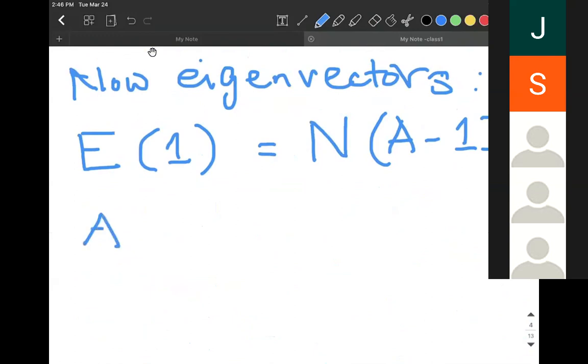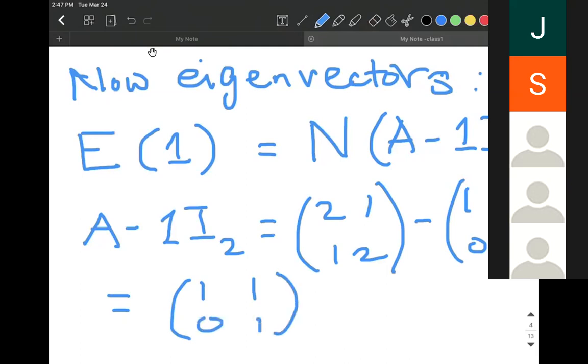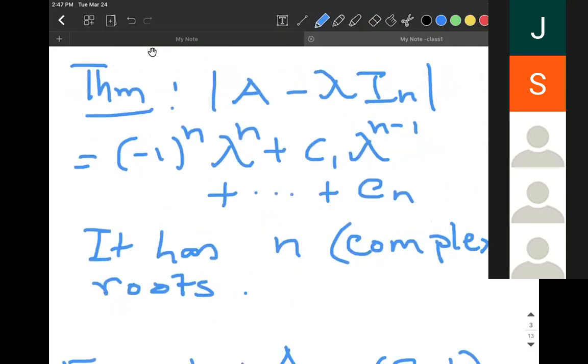So what is A minus 1 times I2? This is 2, 1, 1, 2 minus 1, 0, 0, 1. So this is 1, 1, 0, 1. Okay, so we want to find the null space of this particular matrix, which is not so difficult.